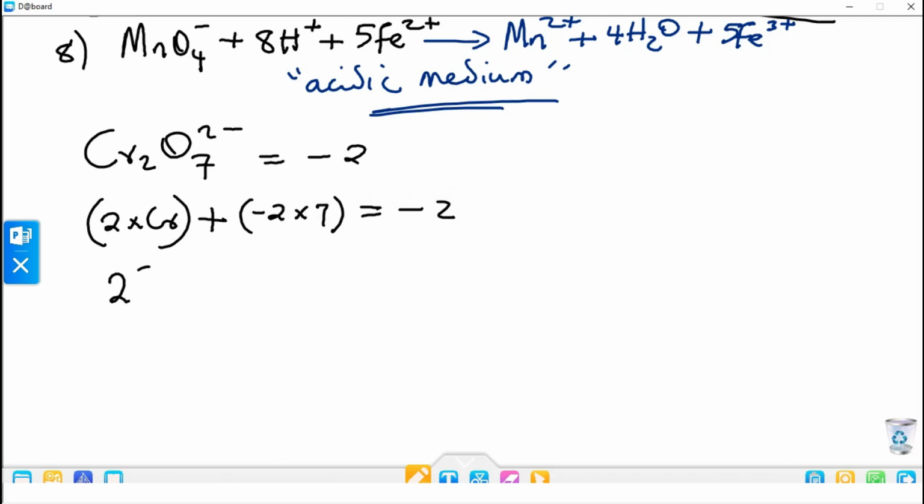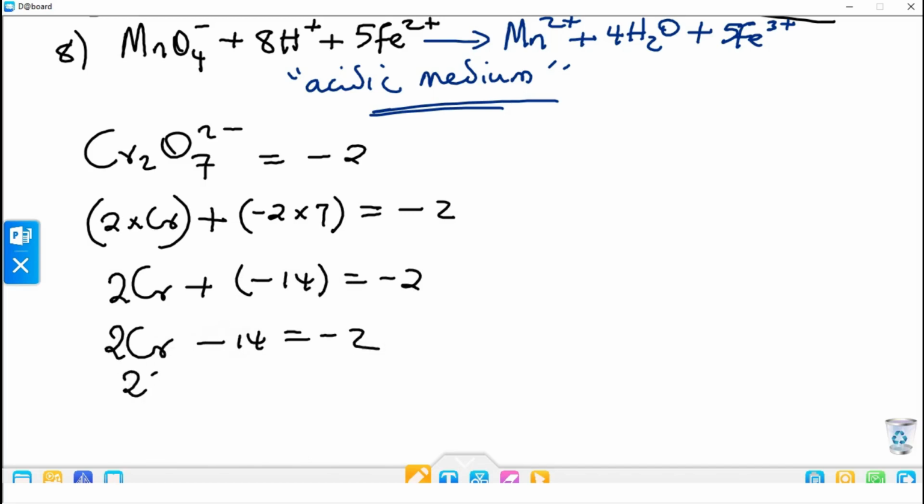So this is 2 chromium plus -2 times 7, which is -14. That gives us -2. So this is going to give us 2 chromium minus 14 equals -2. And here we have 2 chromium equals 14. We'll go over there to become plus, and then we have 2 chromium to give us 12. And automatically chromium is 6.